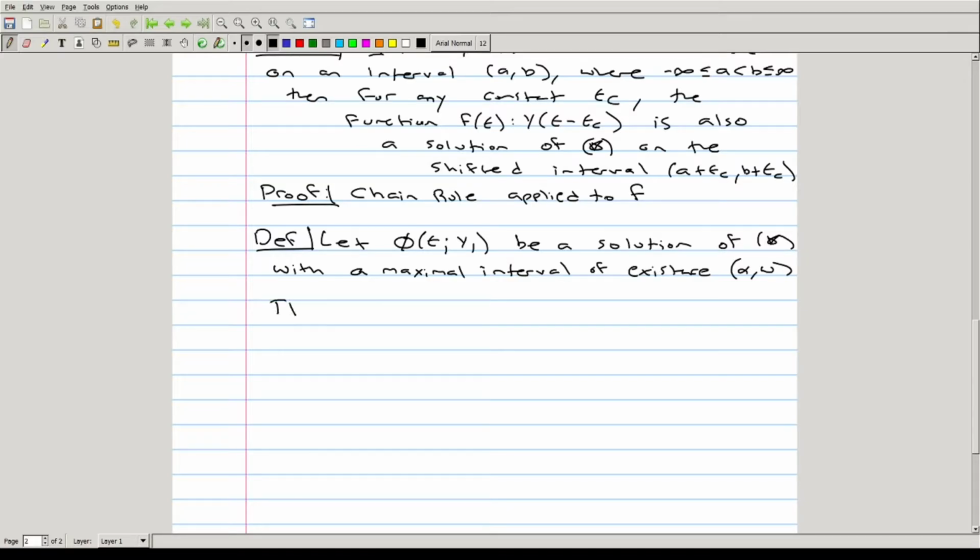And the set of values of the solution, phi of t, we don't have to specify the initial condition right here, at least not right yet.